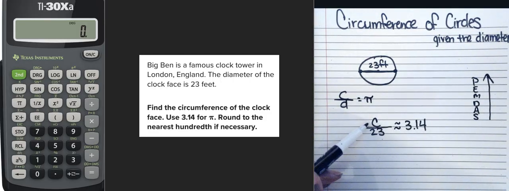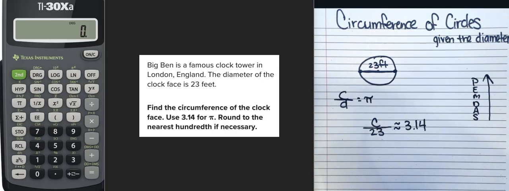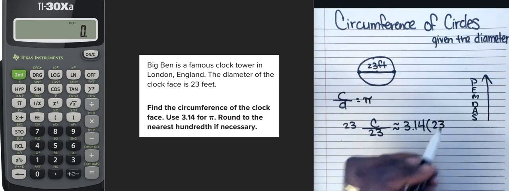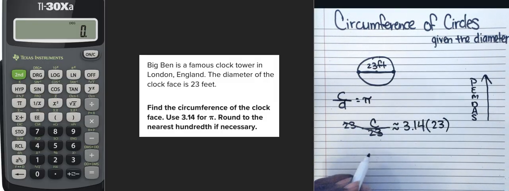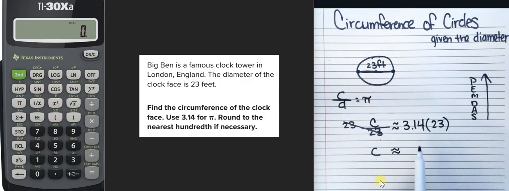I see that c is not isolated because we are dividing by 23. How do I undo the division? We use multiplication, so I'm going to multiply both sides by 23. By doing that, the 23 divided by 23 is gone, and we're left with c is approximately 3.14 times 23.